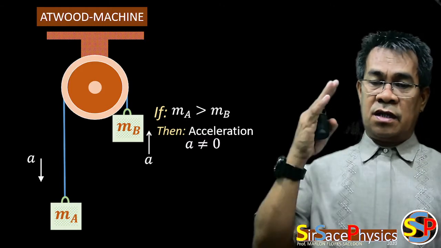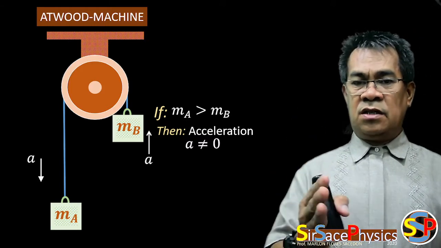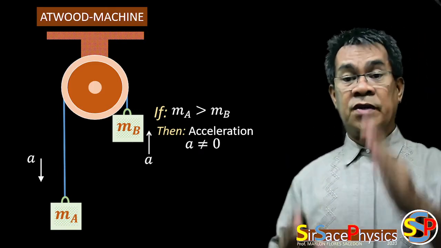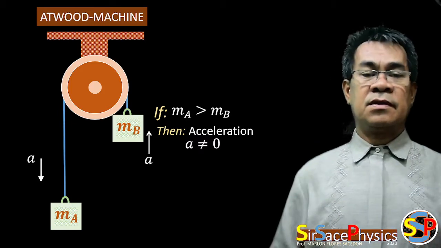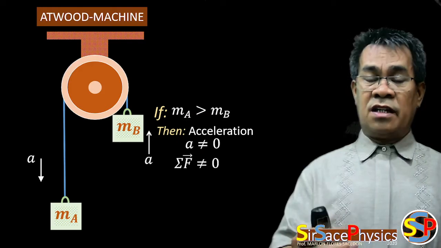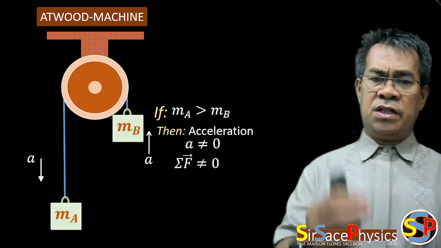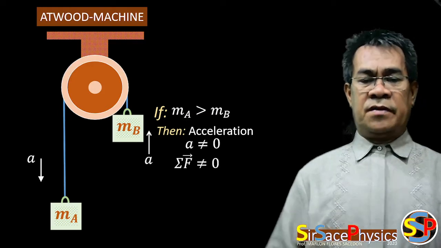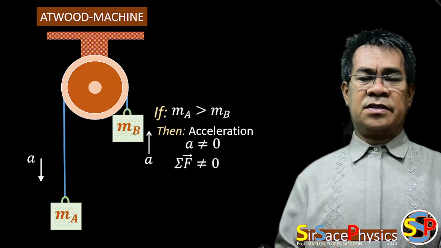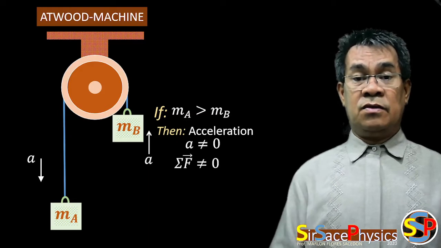But take note, again, whatever the acceleration of A, mass B should have the same acceleration because they are connected by means of a string. And the acceleration is not equal to zero. Again, the net external force on both objects is also not equal to zero. There must be an acceleration. If there's a net force on that object, then there's always an acceleration, vice versa, as Newton's second law says.